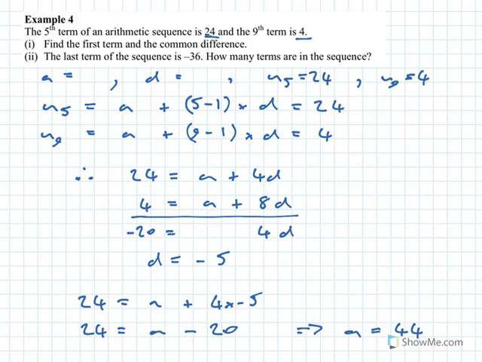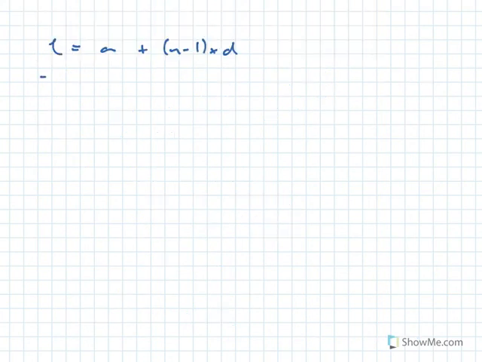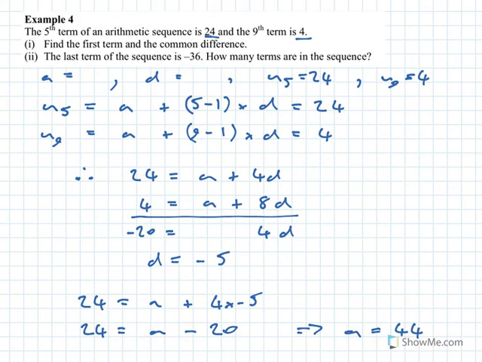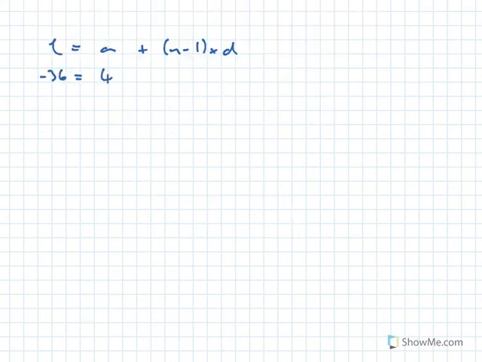We know that L is -36, and we know that A is 44. We don't know what n is, and we know that D is -5. So we can just expand that bracket out and start collecting things together.